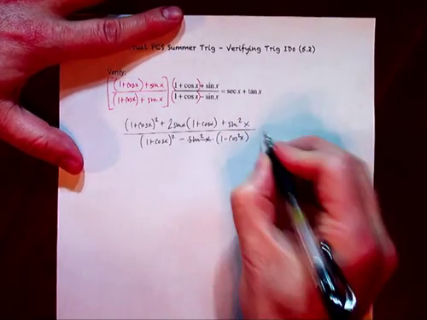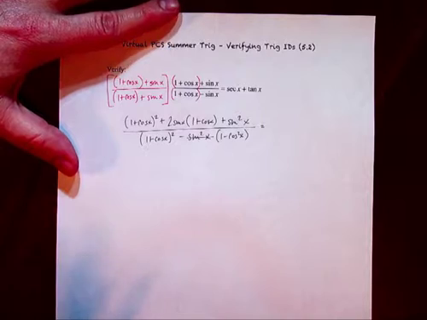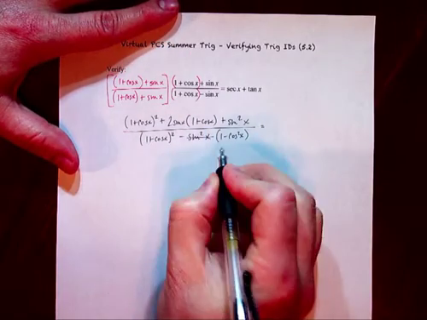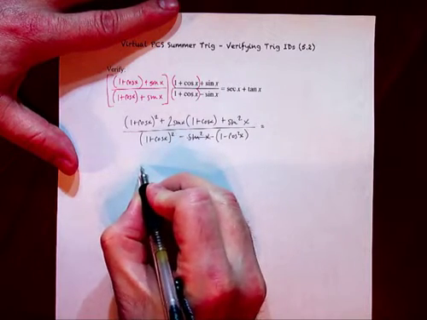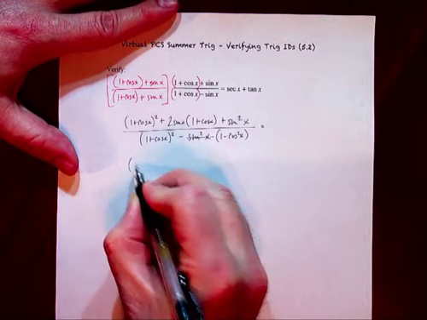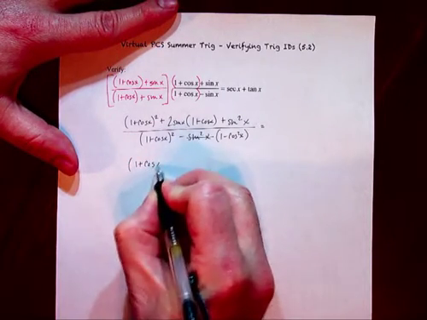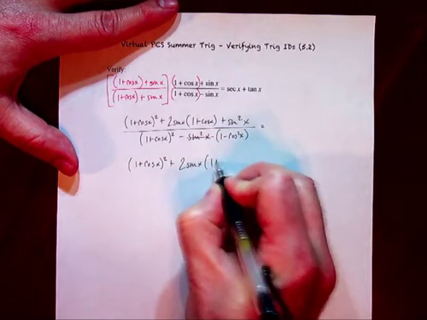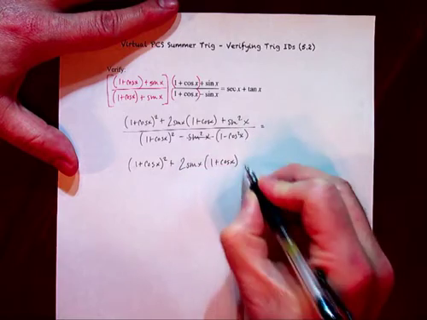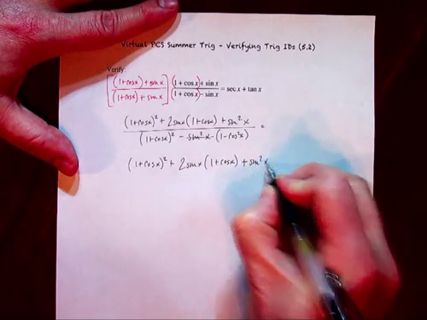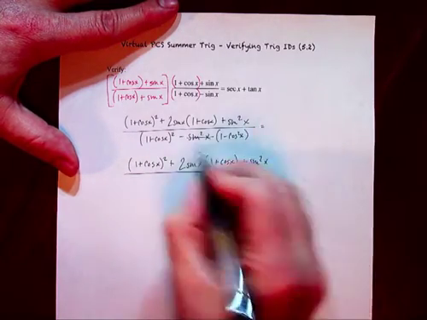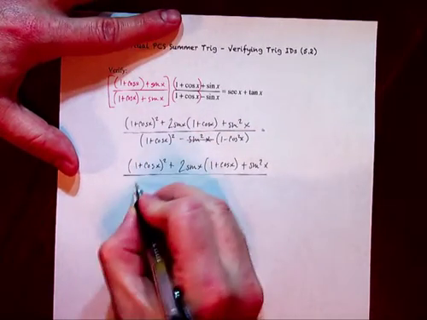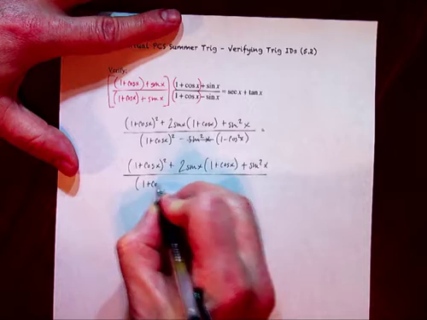Okay, now that's helpful because in that denominator right there, let's go ahead and rewrite that numerator. This has a 1 plus cosine, that has a 1 plus cosine, and so it can be factored out.